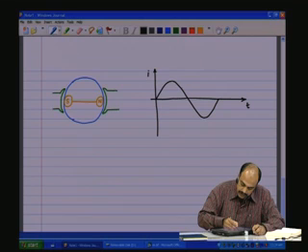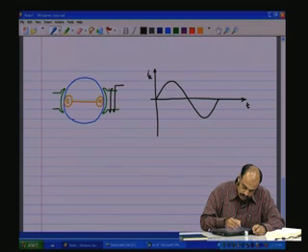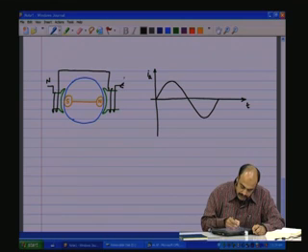So let's say this is IA and this is applied to the coils here, and then we have also the coils like that. This is connected to the neutral and this is connected to this, and you are passing IA through that.